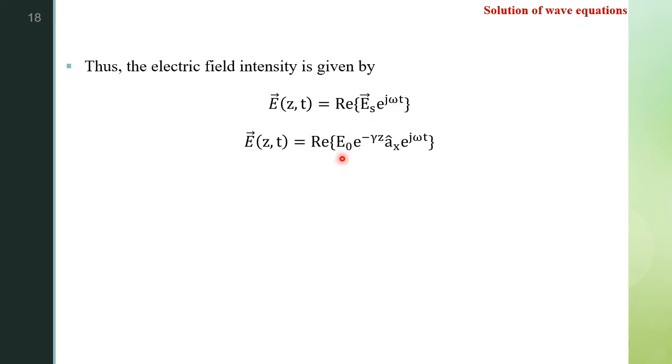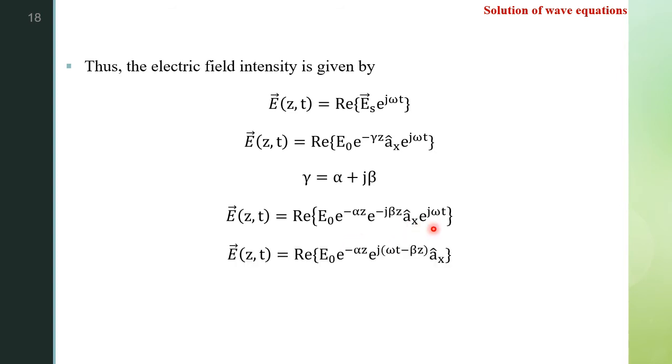On substituting that, it is real of E naught e raised to minus gamma z Ax cap e raised to j omega t. Gamma z is alpha plus j beta, so this reduces to e raised to minus alpha z, e raised to minus j beta z. If you combine the terms omega t and beta z, this reduces to E naught, e raised to minus alpha z, e raised to j omega t minus beta z, Ax cap.